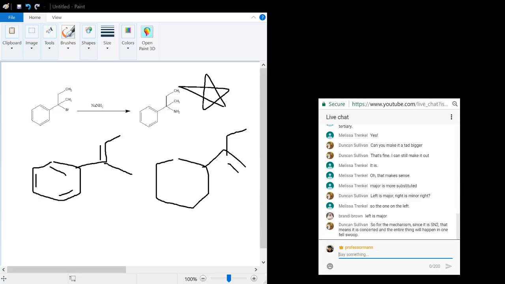So for the mechanism, since it's SN2, well, so let's look at it. Is it SN2, right? So look at the functional group here, or the carbon that the leaving group's attached to. Which is that? Primary, secondary, tertiary, or what is that?